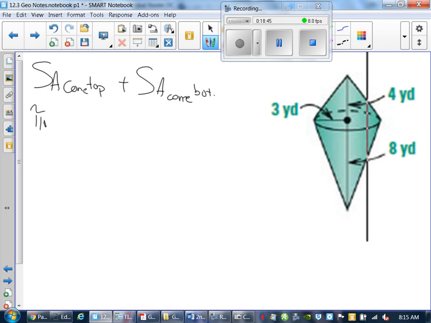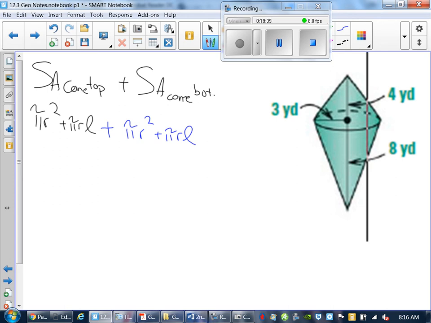Pi r squared plus pi r L. That's the top one. The bottom one would be pi r squared plus pi r L. Those two cones have circles for bases.